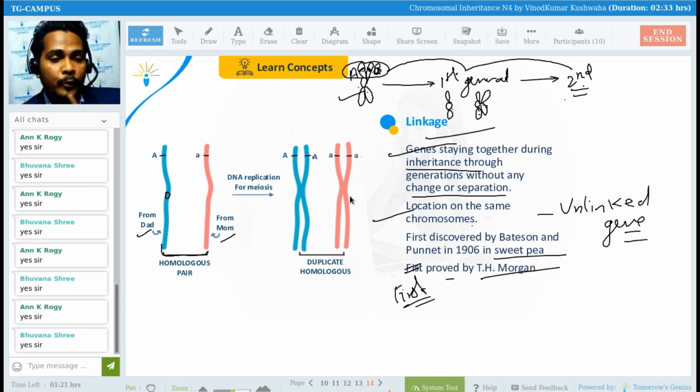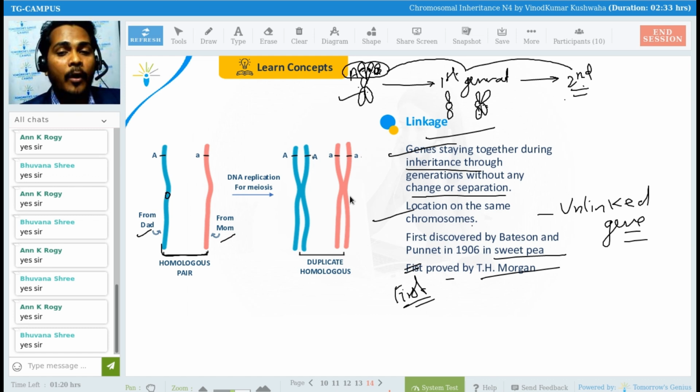Yes, sir, clear. So always keep in mind, linkage is a kind of tendency, or the capability of genes to stay together during the inheritance through the generations without any change or any kind of separation.